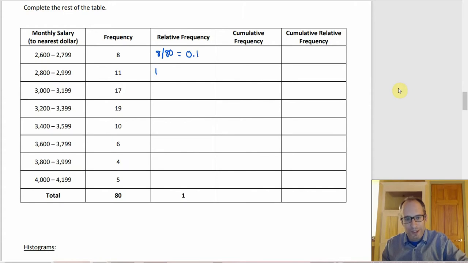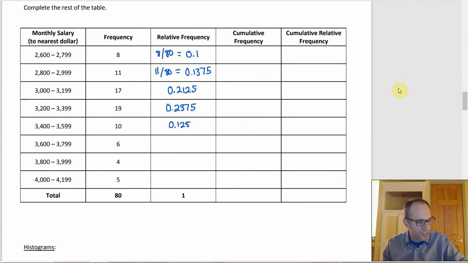Then the next one is 11 divided by 80, which is 0.1375. Then this one would be 17 out of 80, which is 0.2125. 19 out of 80 is 0.2375. Next, 10. That's an easy one, 0.125, since that's 1/8.